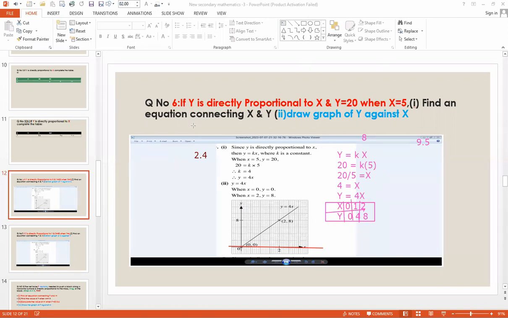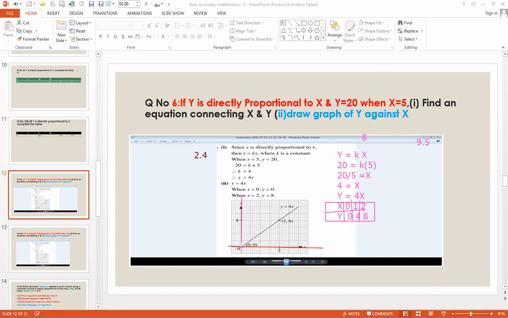This vertical line is your y-axis. This red line is your x-axis. The pink line is your y-axis.